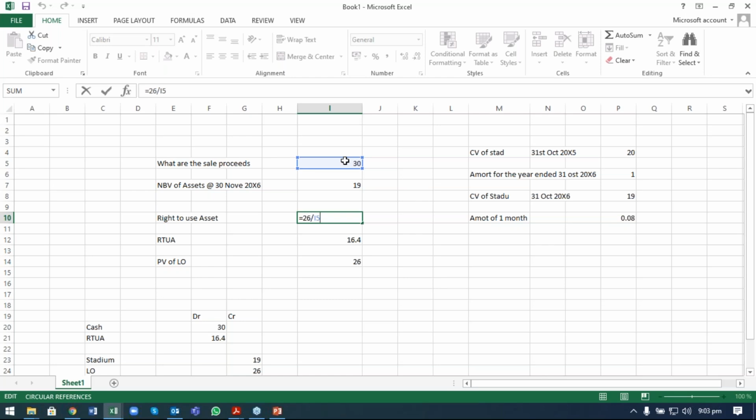Those have a different treatment. As far as the right to use asset is concerned, you have to calculate it based on the market value of an asset always.